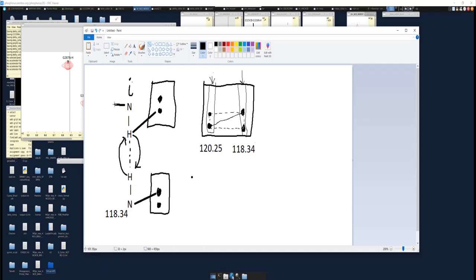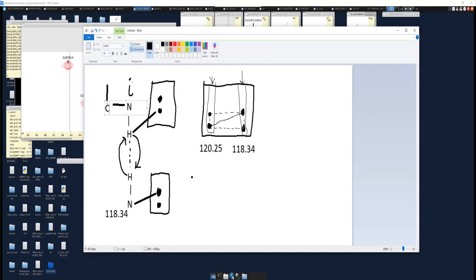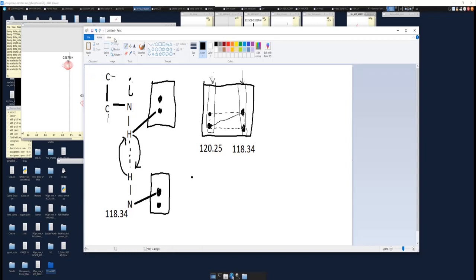Say you have here, this connects to something else that has a carbon. So we'll do a carbon here, and then we'll copy and paste this. So let's move this here. I'll just draw this last part. So each of these will have their respective hydrogens.